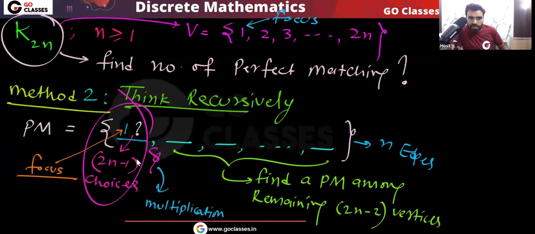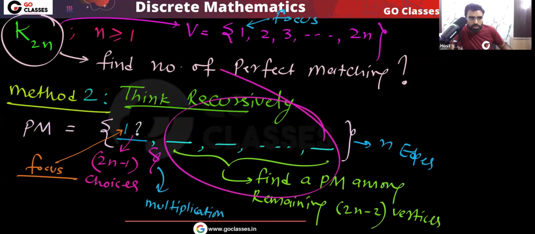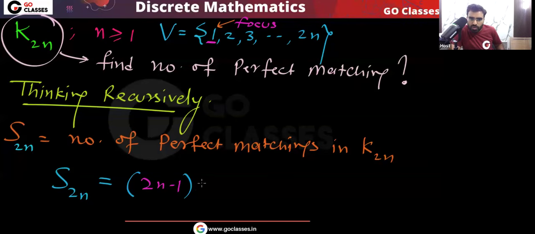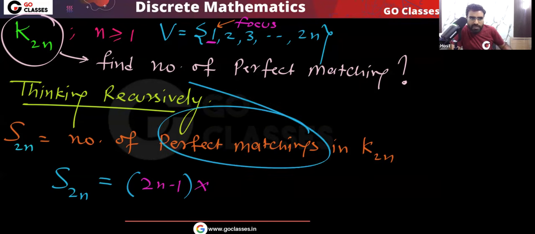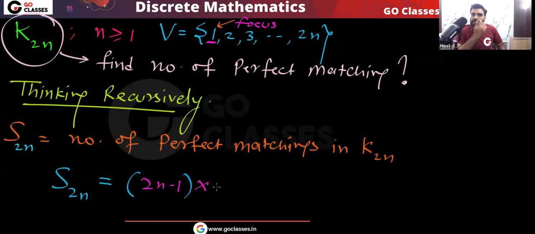You need a partner for 1, and then you need a perfect matching among the remaining 2n minus 2 vertices. So you need to do this task also, and you need to do this task also, so you multiply. For the remaining 2n minus 2 vertices, how many perfect matchings are there? That will be S2n minus 2.